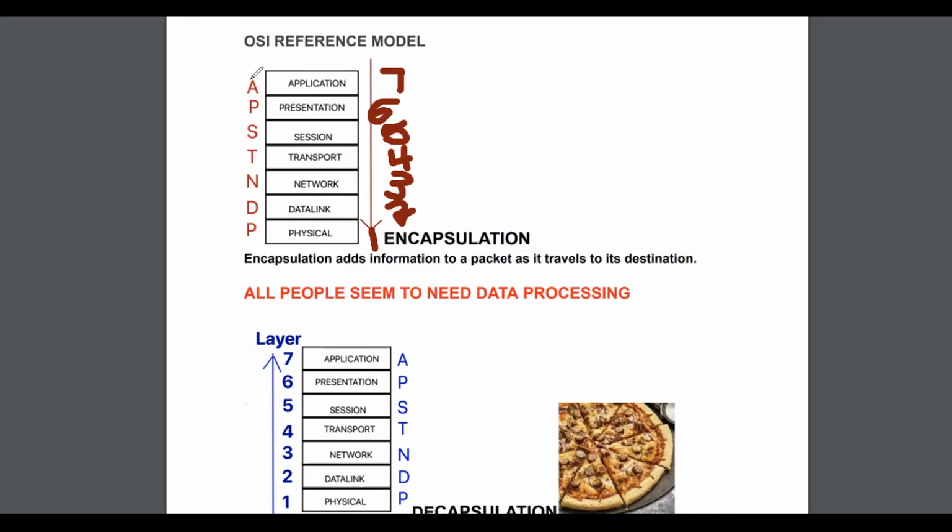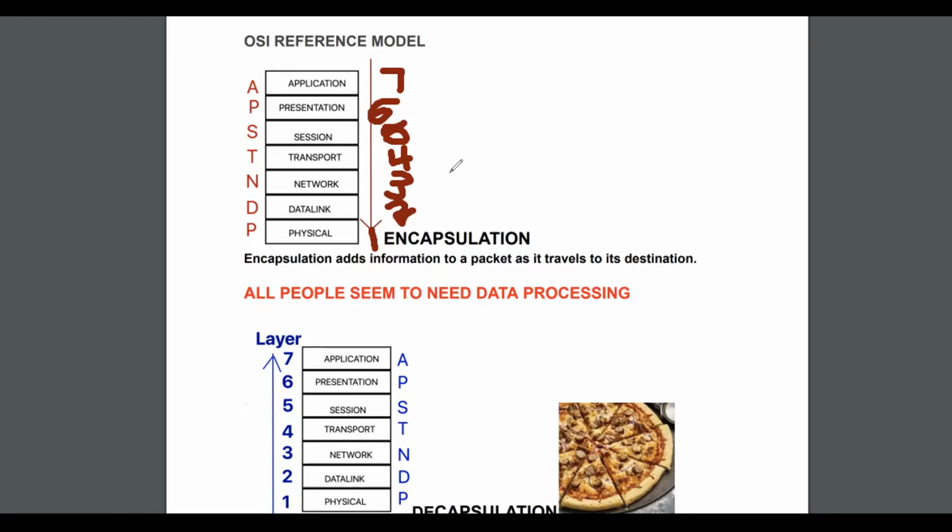Moving on, we're going to talk about abbreviations, how we remember this OSI model really easily, and it's really fun. That's how I learned this many years ago. Let's do this together.